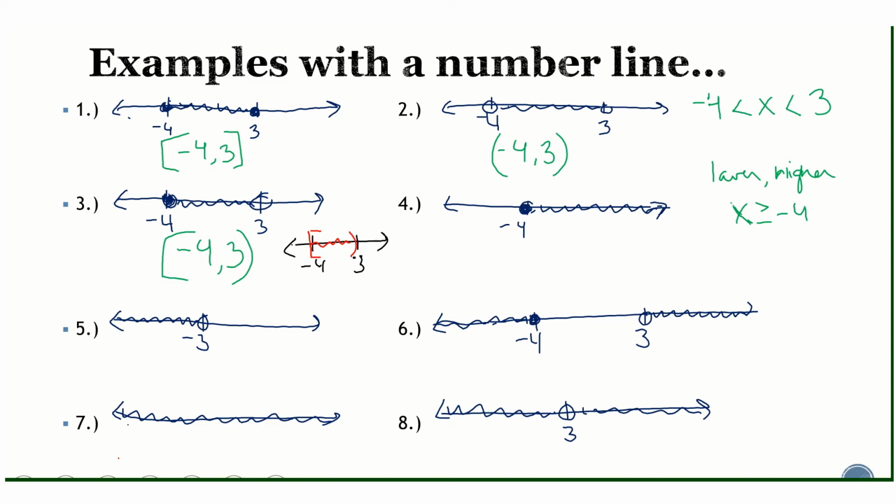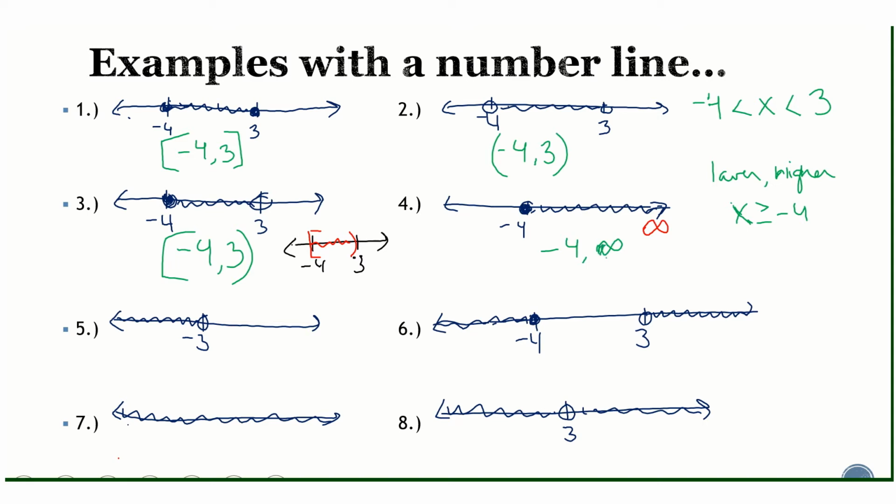If you're going to do it in interval notation, remember you need the lower number and you need the higher number, except in this example there is no higher number. So what do we do? Well, this number line is approaching infinity, so it actually gets into the concept of infinity. When you put your answer together, you would have your lower number, which is the -4, and then your upper number is actually infinity.